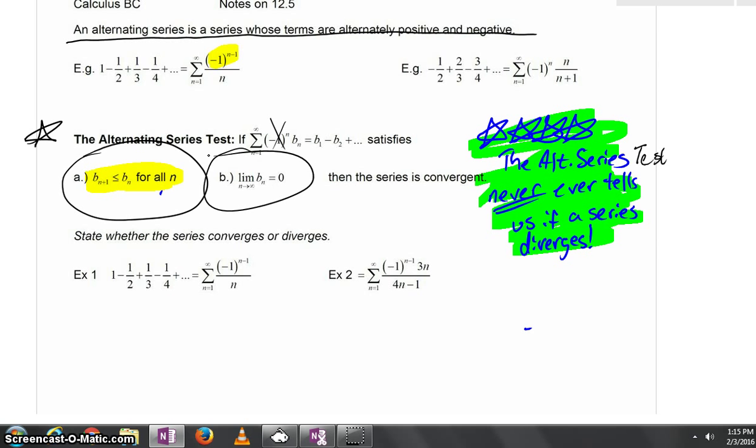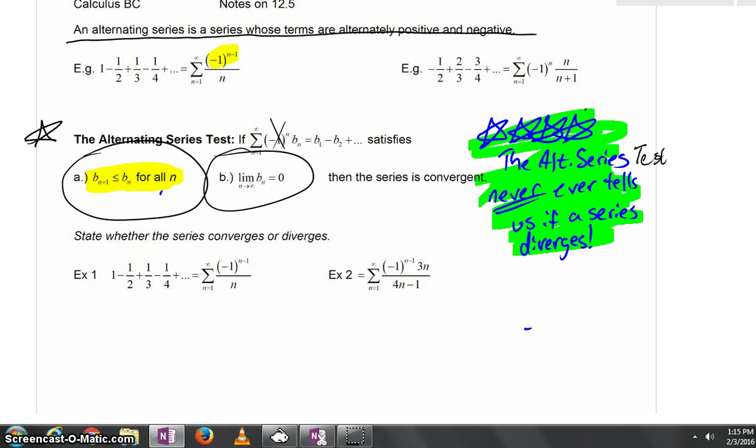Now that's fantastic. Notice what I've put off to the side here. I've highlighted it in green. I put in 4 little stars here. This is the big misuse of the alternating series test. So very often kids will think, oh, if one of those two conditions fails, then I'll say by the alternating series test, my series diverges.